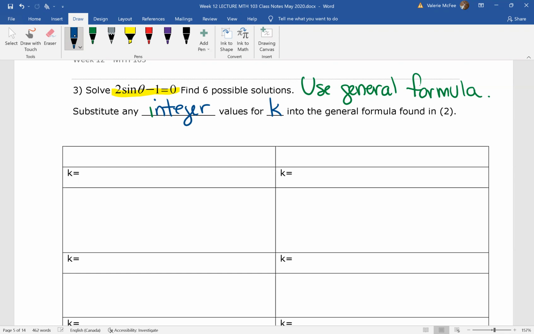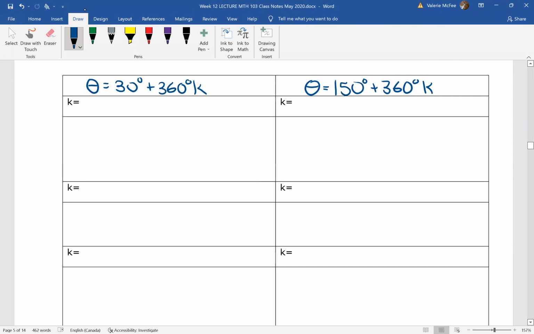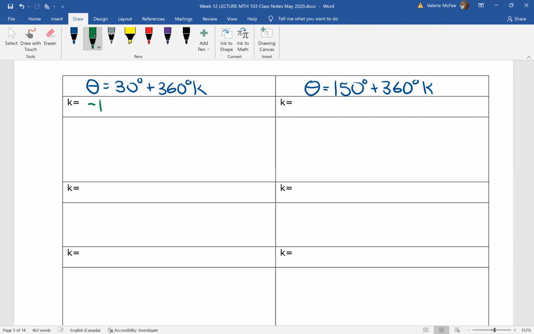So let's write down our 2 formulas here. We're asked to find 6 solutions, and you can see I've left space here for us to put in 6 possible values of k. I always think it's easiest to use the smallest numbers possible, so I generally let k equal -1 for both formulas, k equals 0 for both formulas, and k equals 1 for both formulas.